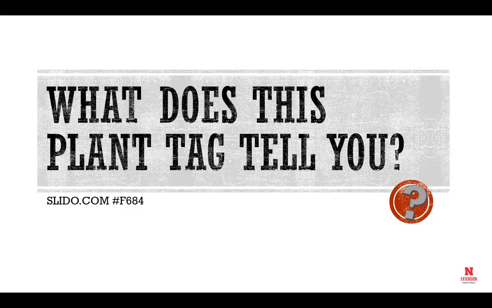Okay, so on these two Campbell's labels that we have, how much information do you get from those? The sweet potato vine, and then there was one from UNL Hort Club.